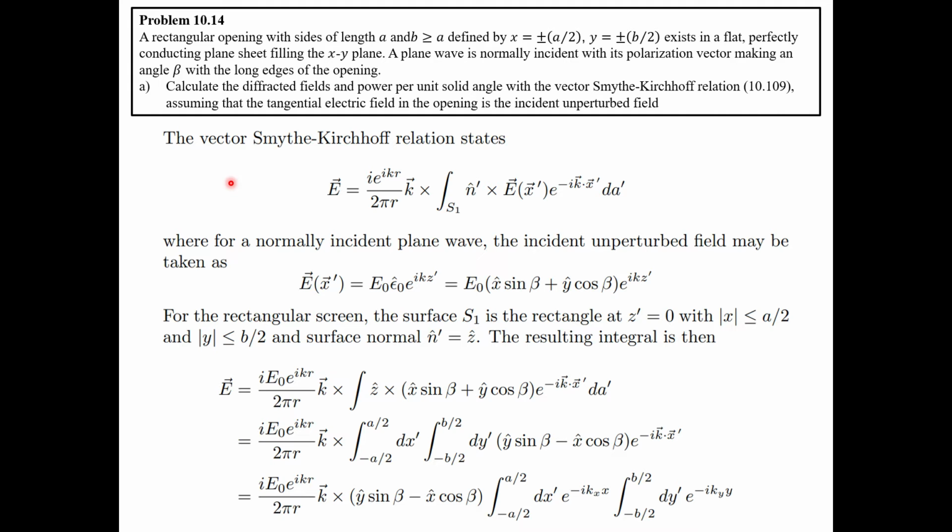For the rectangular screen, the surface S1 is the rectangle at the z-plane equals 0, with |x| less than a/2 and |y| less than b/2, and surface normal n hat equals z hat. The resulting integral is then taken below.